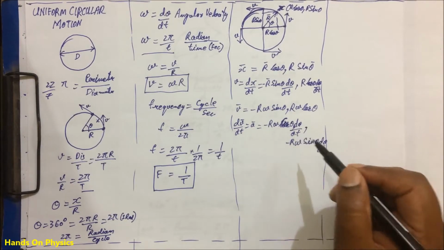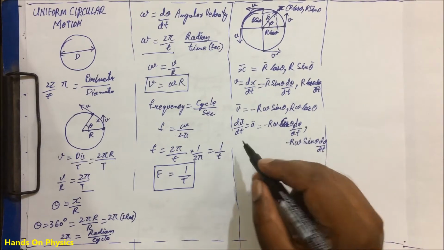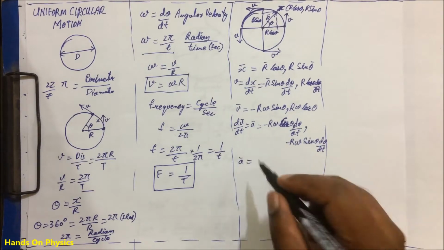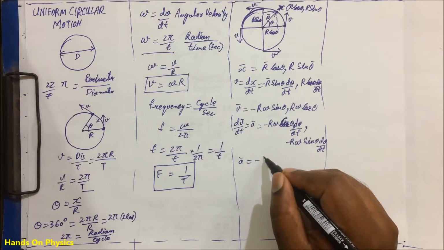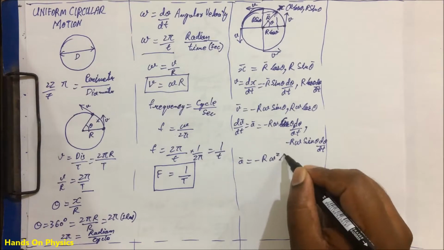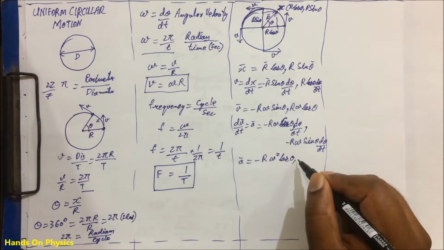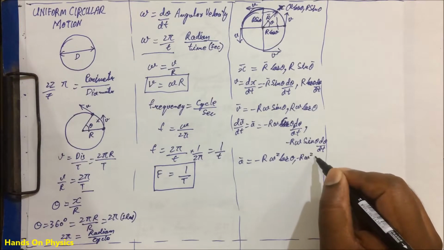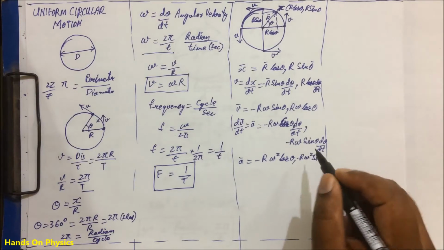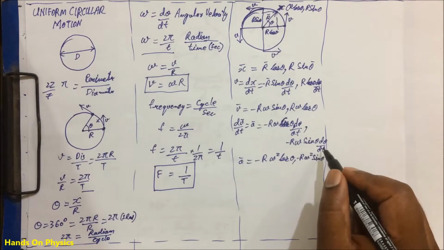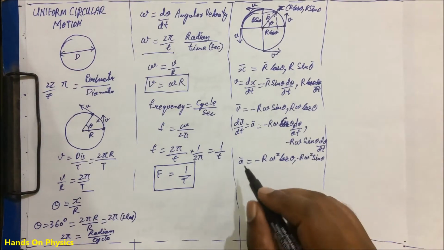Again we know that d theta by dt is omega, so we can write acceleration as minus r omega square cos theta, comma, minus r omega square sin theta, because d theta by dt is omega and omega multiplied by omega is omega square.